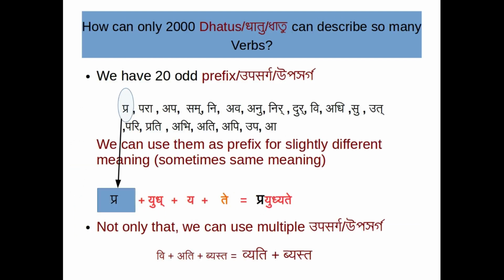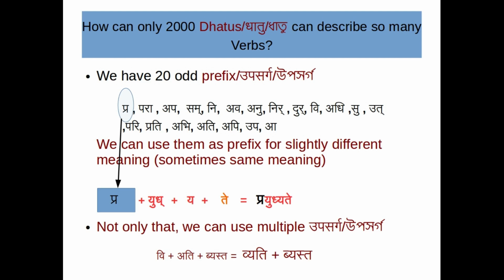Now one question might arise: how can only 2000 dhatus describe so many verbs? The answer to this question is we have some other mechanism to expand our list. What are those?